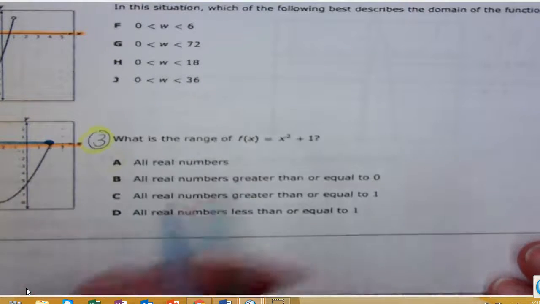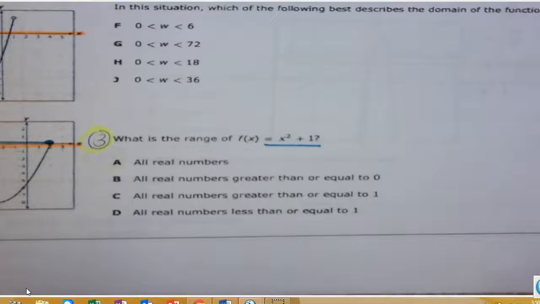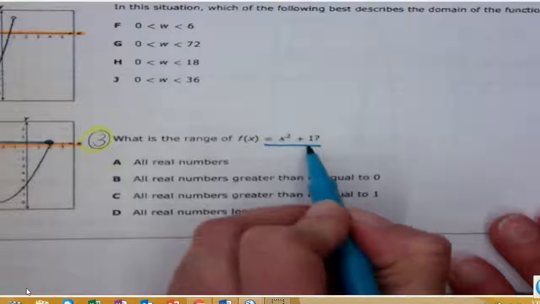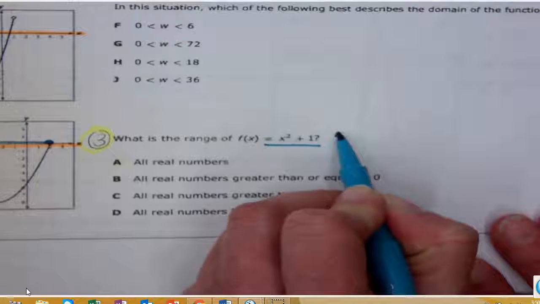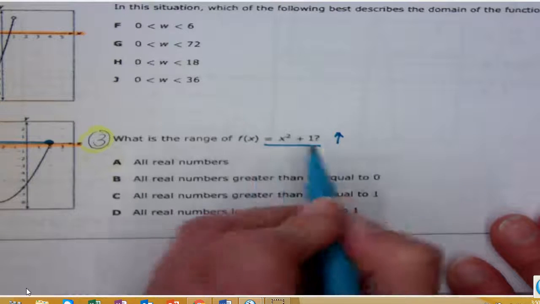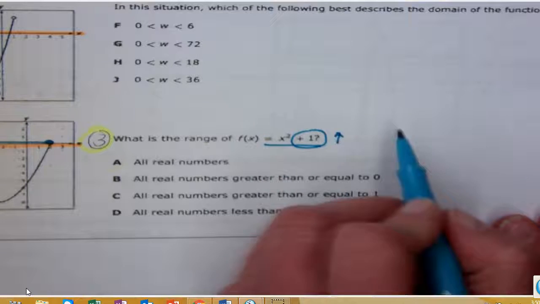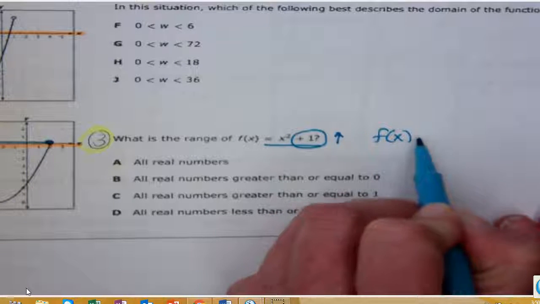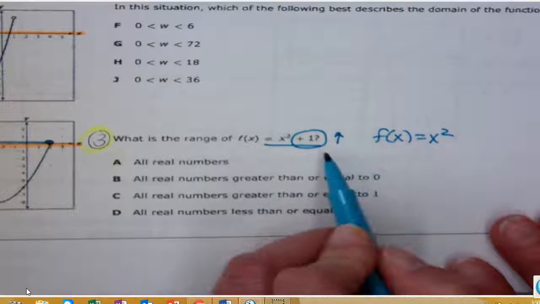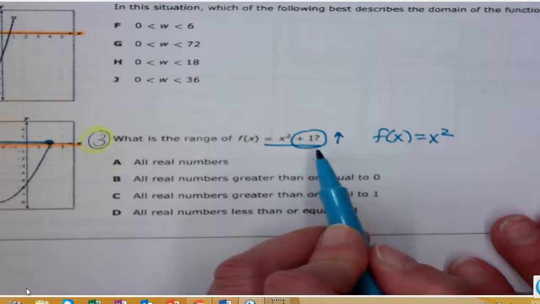What is the range of this quadratic function? There are 2 ways you can do it. If you know that this has moved your quadratic function up by 1, you can look at that and say, this is the parent quadratic function, and now it's being transformed up.